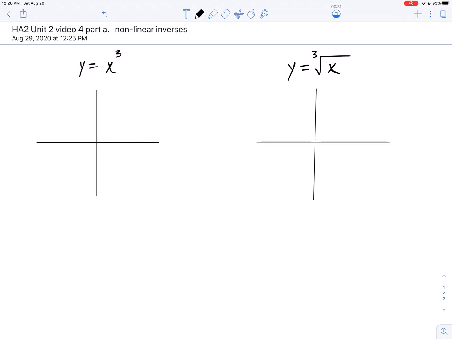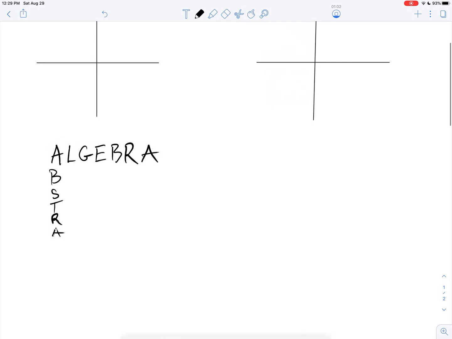Let me put it this way. Mathematically, there are many things I can show you how to do quickly and easily. This is one of those things that's not hard to do, but if you don't get the concept, which is not so easy to get sometimes, because when it comes to algebra, the problem is there's a lot of stuff that's abstract.